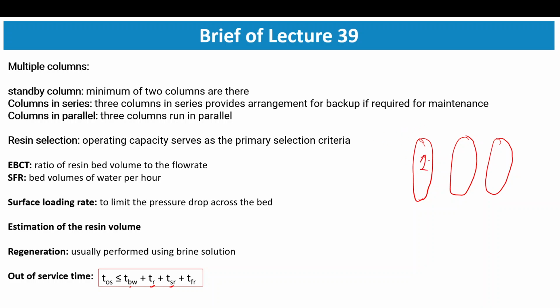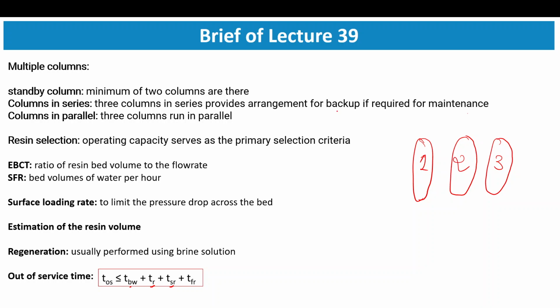Once this is saturated, it will go under regeneration and the second column will be used. Once the second column is used up, the treatment will be passed on to the third one, and this will be under regeneration and so on. So it will go around in a complete cycle, right?